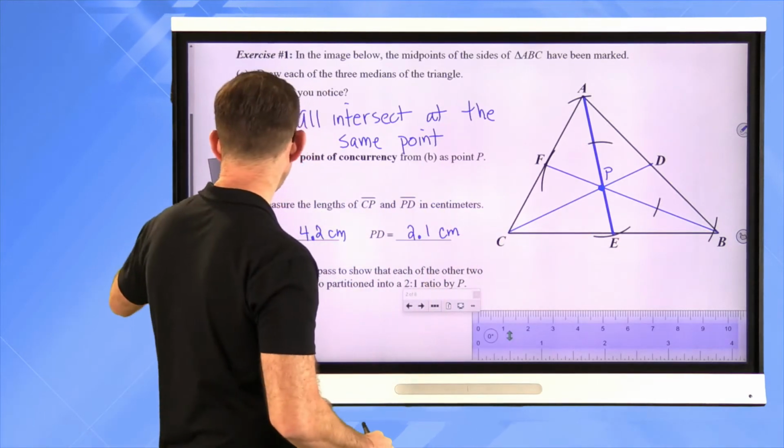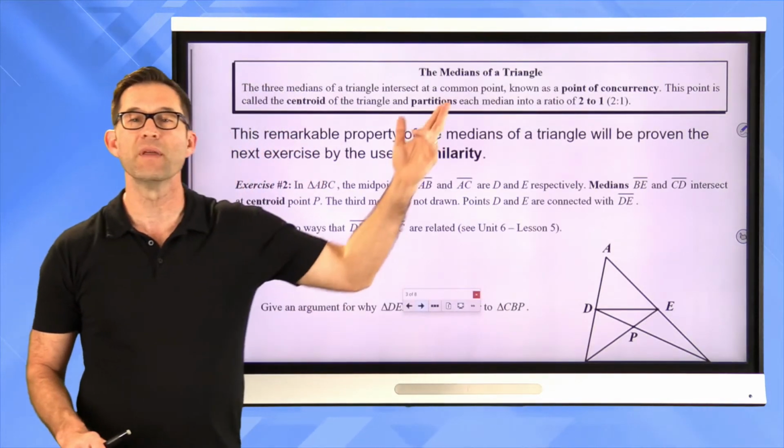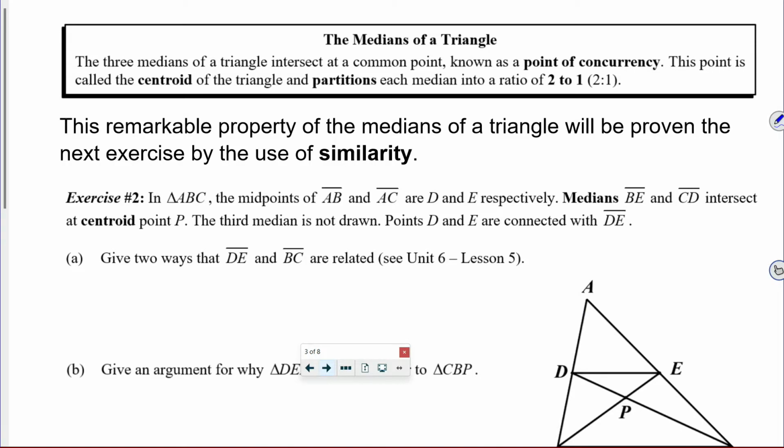And this will always be true of the medians of a triangle. The 3 medians of a triangle intersect at a common point known as a point of concurrency. We've seen that terminology before. This point is called the centroid of the triangle and partitions each median into a ratio of 2 to 1.